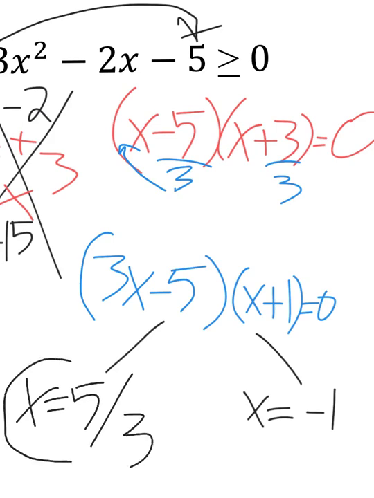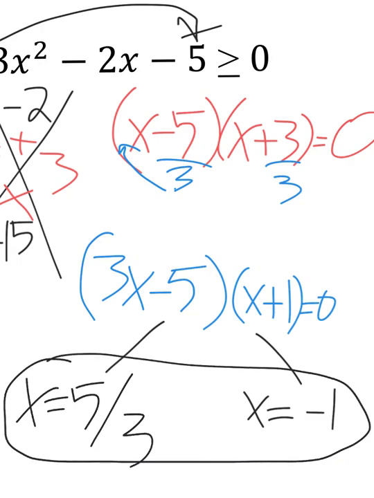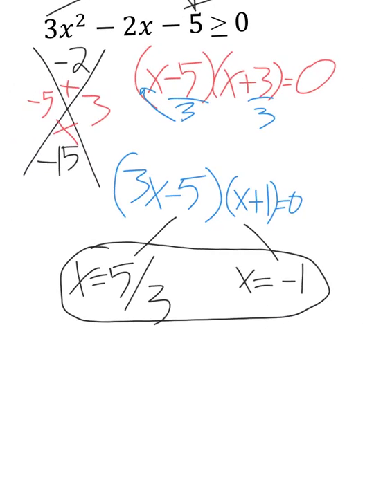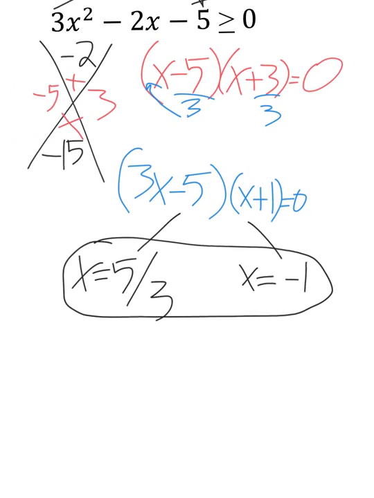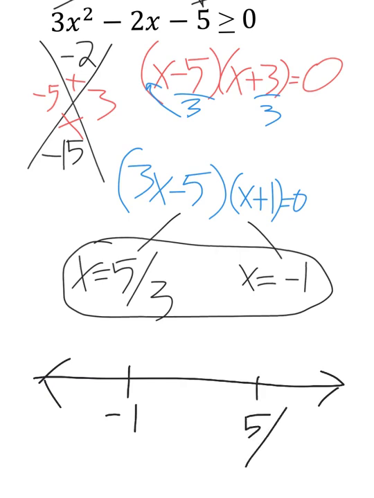So I have x equals 5 over 3 and x equals -1. So I'm going to go do what I did before. I'm going to draw a number line. And so -1 would come first. And then 5 over 3 would come second. That's what, 1.67 or 1.6 continued.